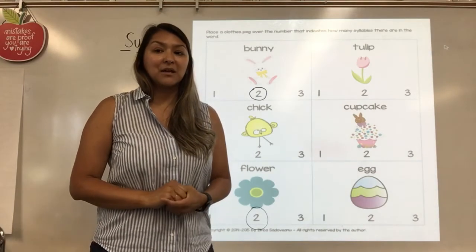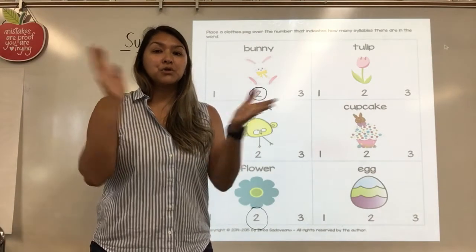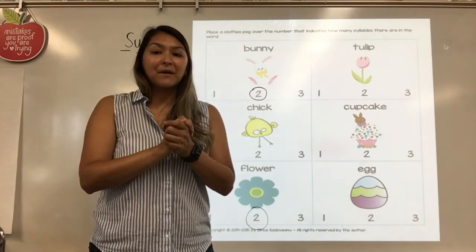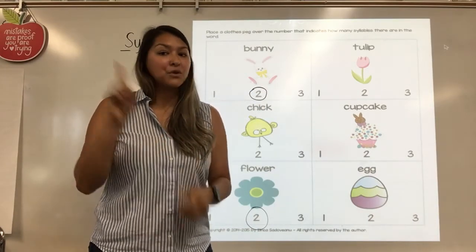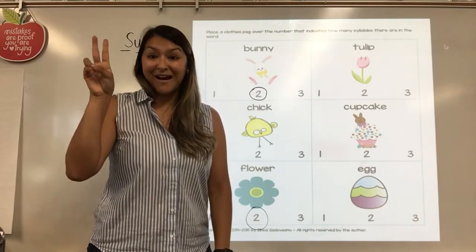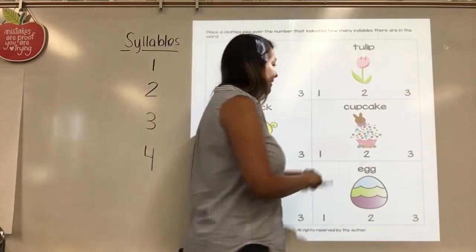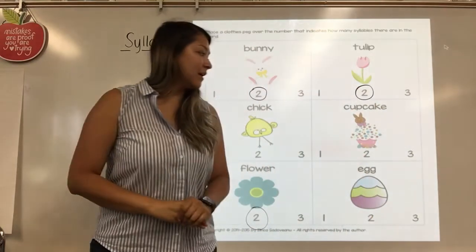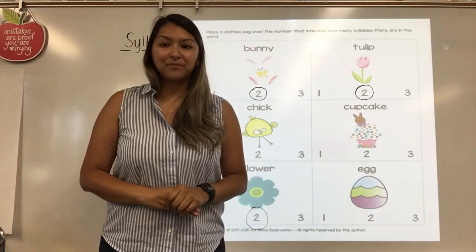Let's say it again. Tulip. Let's clap it together. Tulip. How many are we hearing? I hear 2 syllables again. Let's go ahead and circle. Very good.